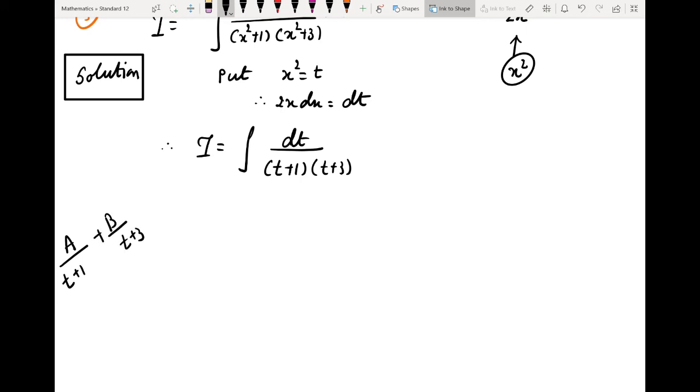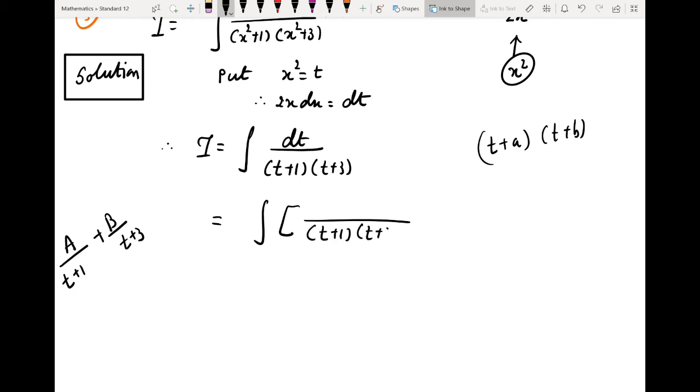But whenever we have the t plus a or t plus b form, we can arrange the numerator using the denominator. Check this step.